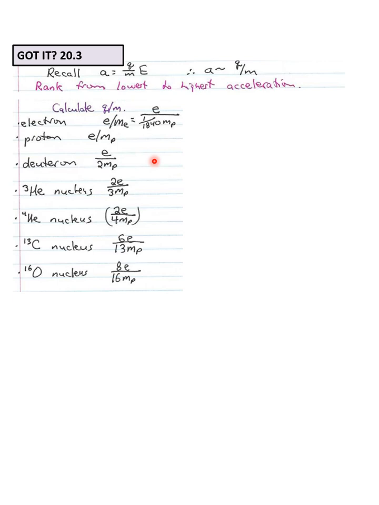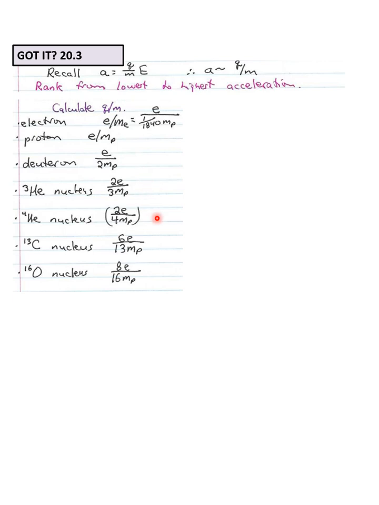A helium-3 nucleus, well, the nucleus has 2 protons in it. That means it has a charge of 2e for the 2 protons. But it has a mass of 3 nucleons, or 3 protons. So we have 2e over 3mp. The helium-4 nucleus, we consider the charge in the numerator. Well, having 2 protons, it's got a charge of 2e.